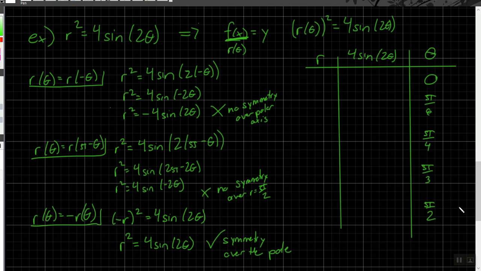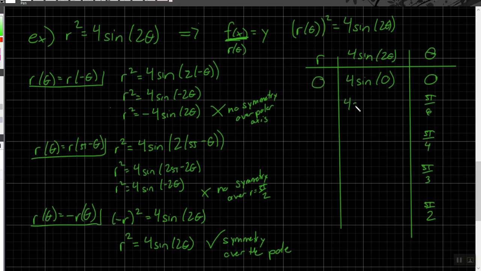So we got 5 points to check. For sine at 2 times 0, which is just 0, what is sine at 0 radians? Yeah, it's 0. So we just have 0 over here.